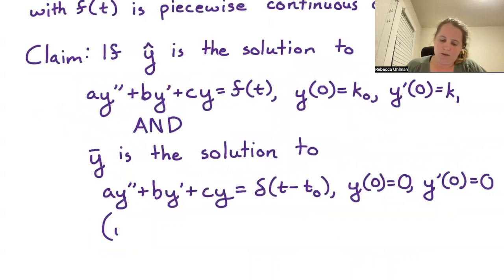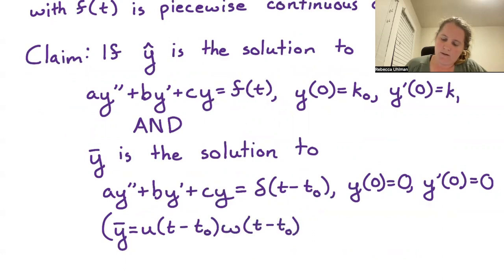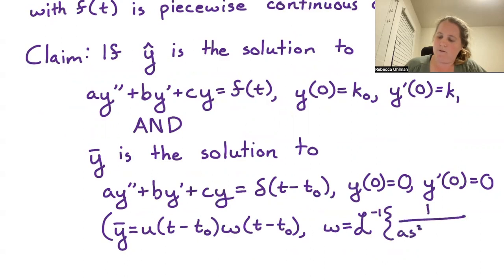so namely, ȳ is u(t − t₀) times w(t − t₀), where w is the inverse Laplace transform of 1 over the characteristic polynomial, 1/(as² + bs + c).